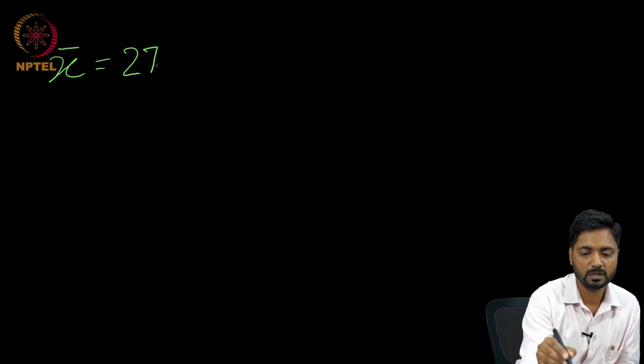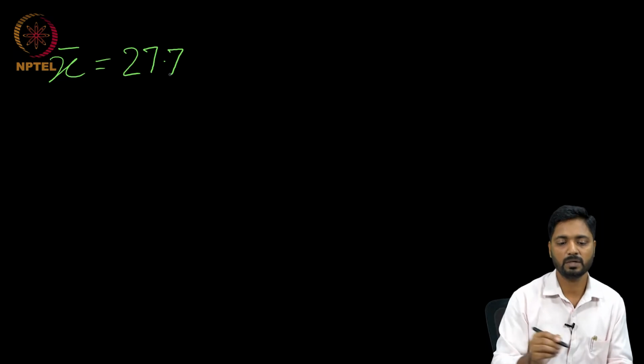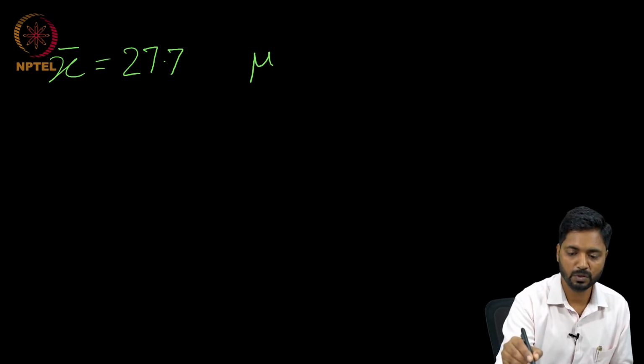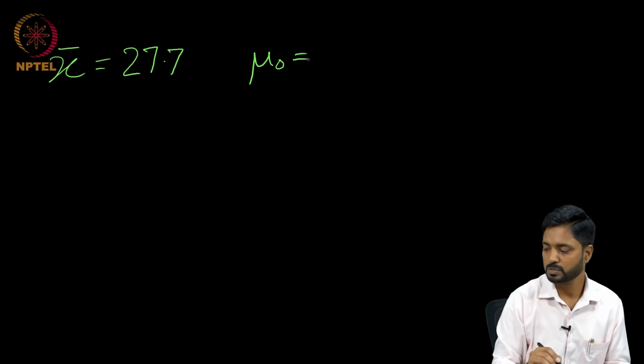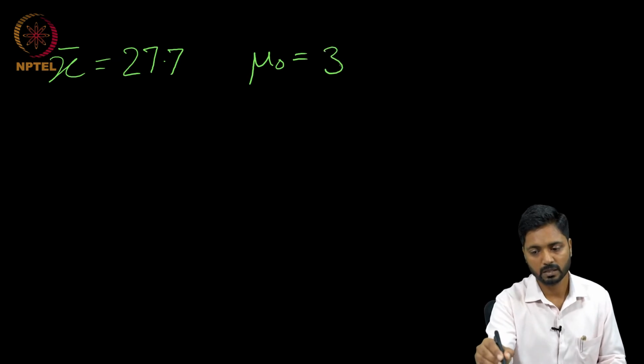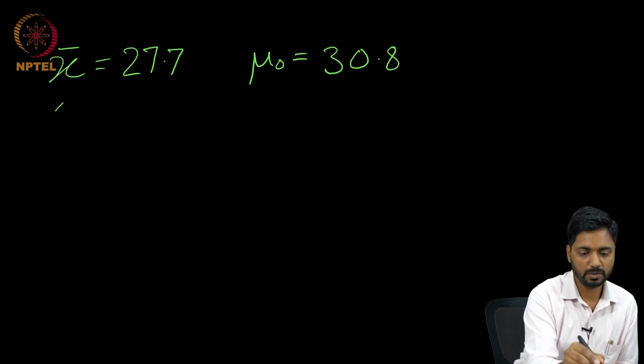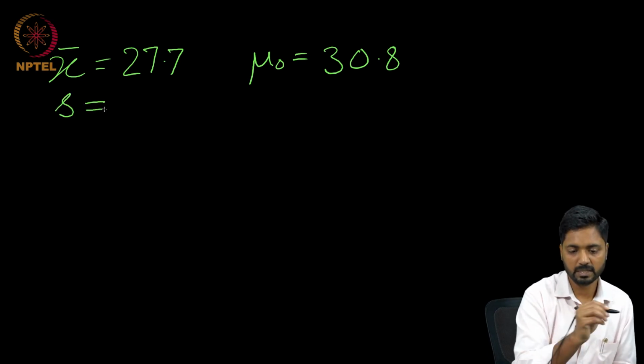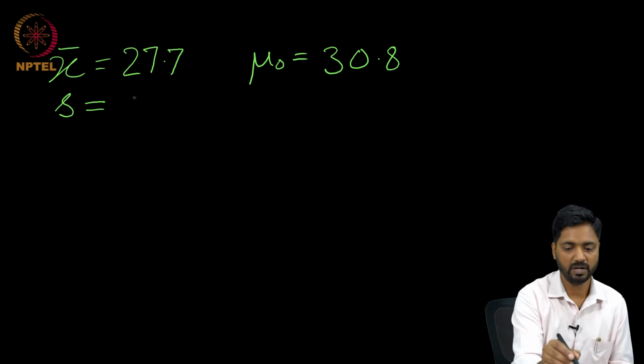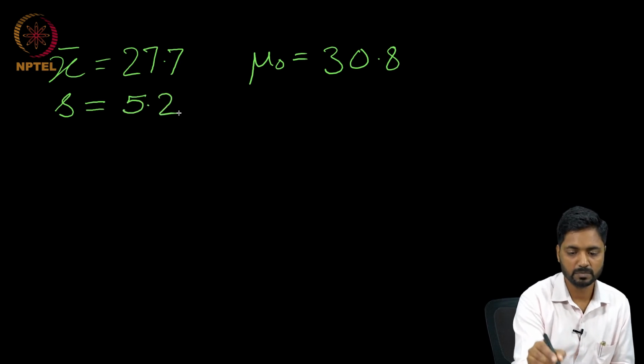What we know from the obtained data is that the x bar value is 27.7 kilograms, while the mu naught value was supposed to be 30.8 kilograms. What we also know is that S is equal to 5.2 kilograms.